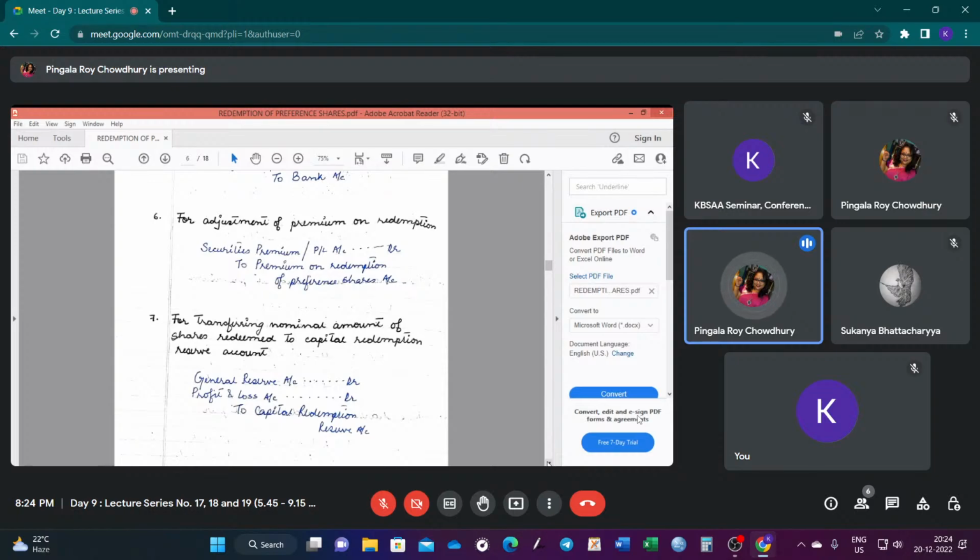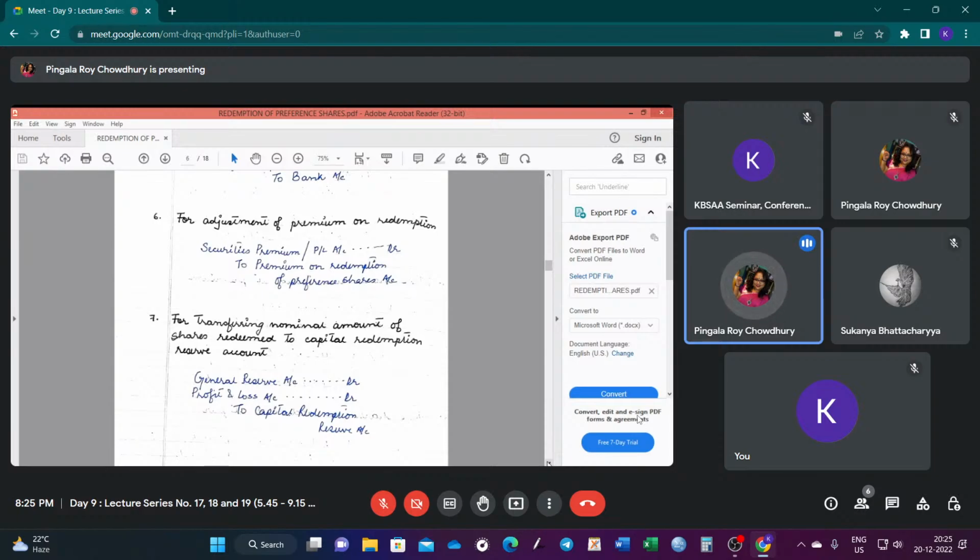And you are creating these out of your divisible profits, out of general reserve, out of profit and loss account. So when you are creating a reserve out of general reserve and out of profit and loss, you are actually reducing general reserve and profit and loss by an amount equal to the capital redemption reserve. So since you are reducing credit items, you have to debit them.